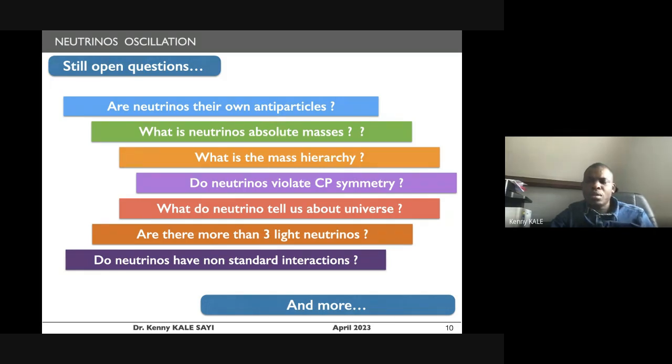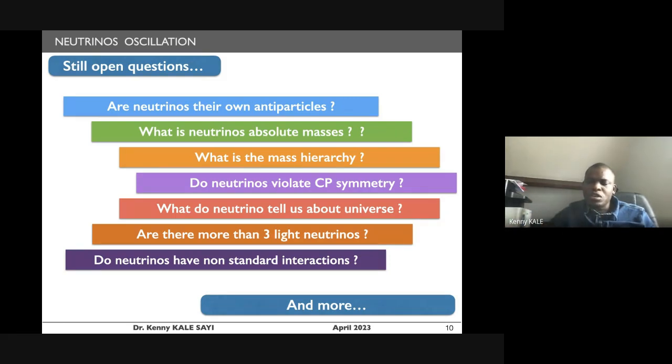You know that in particle physics, each particle corresponds to an antiparticle. For example, you have the electron, which is negatively charged, and there exists the opposite of the electron that we call the positron, which has the same mass and other properties as the electron, except the value of the charge.